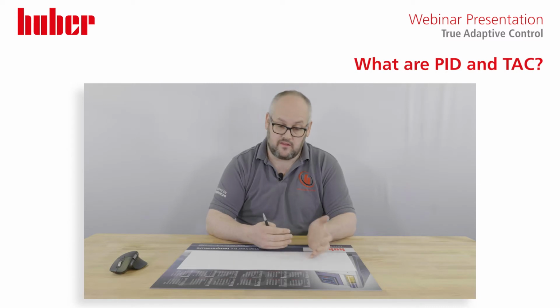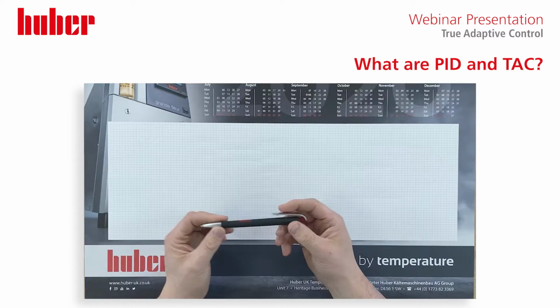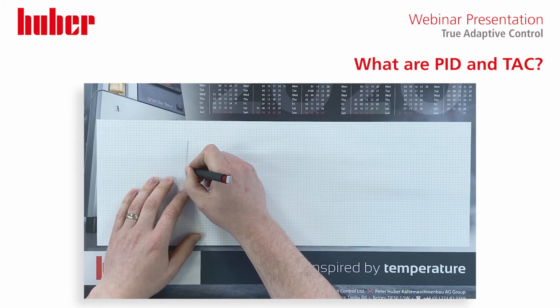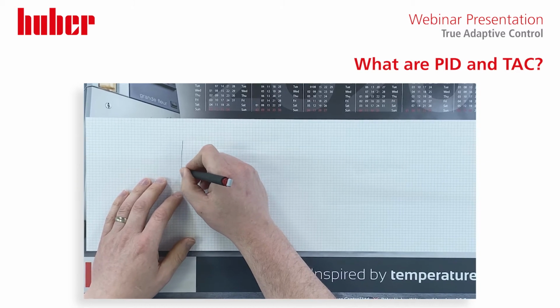So, what are PIDs and TACs and all these random terms, acronyms, that we come up with? PID is essentially a control system used in industry to optimize your, in this case, temperature control, or whatever the application is you're using. In the case of Huber, people will place the reactors generally in laboratories.